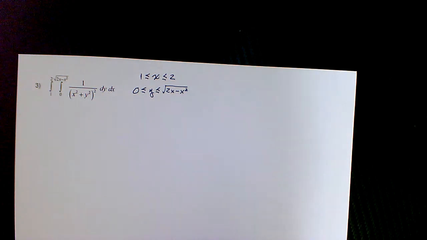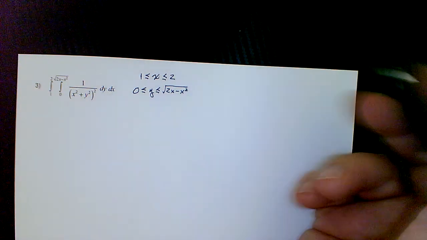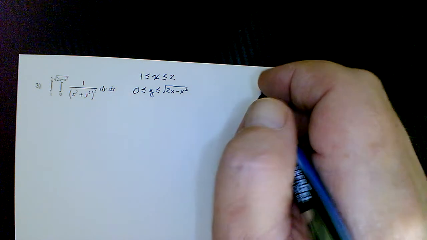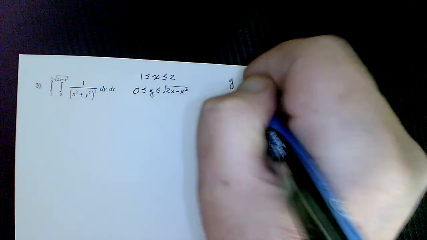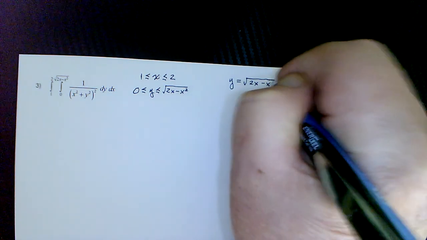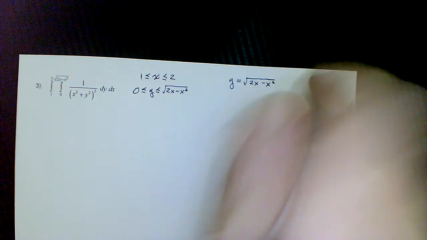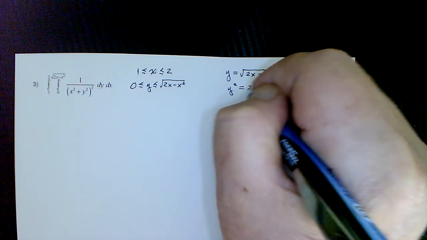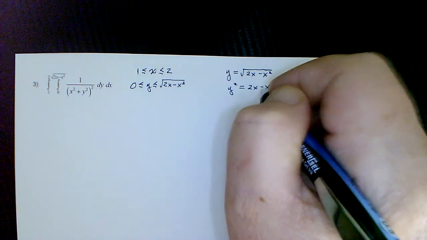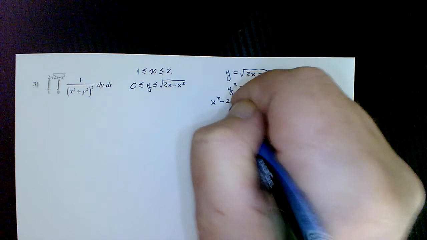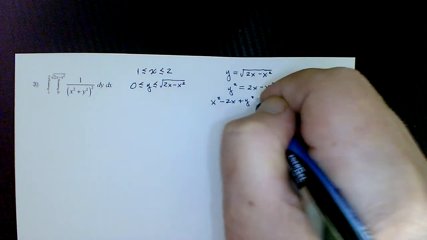Okay, so that 2x minus x squared, first off, we can consider that y is equal to, like we did in the previous examples, 2x minus x squared, and then square both sides, we get y squared equals 2x minus x squared. Bring everything to one side, but here, watch what happens. We get x squared minus 2x plus y squared equaling 0.